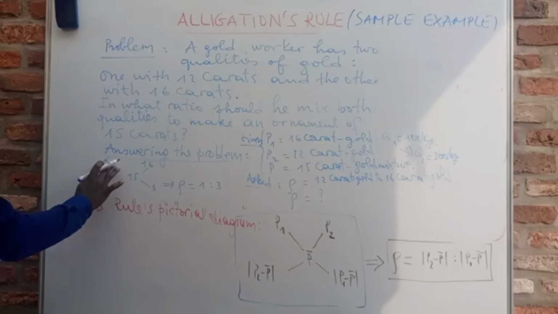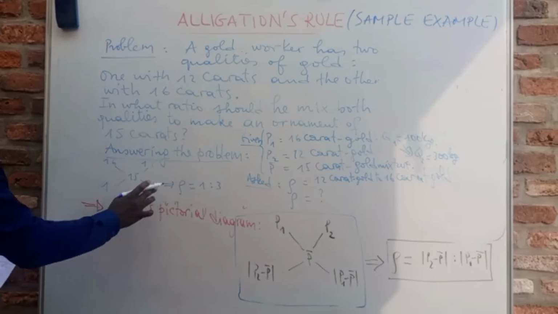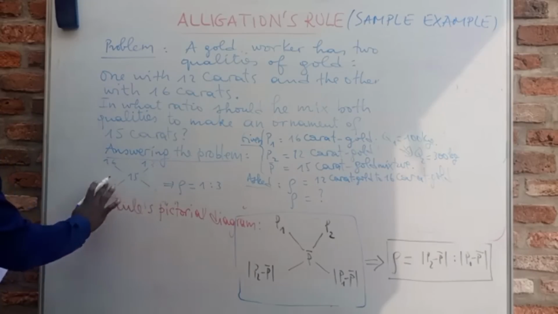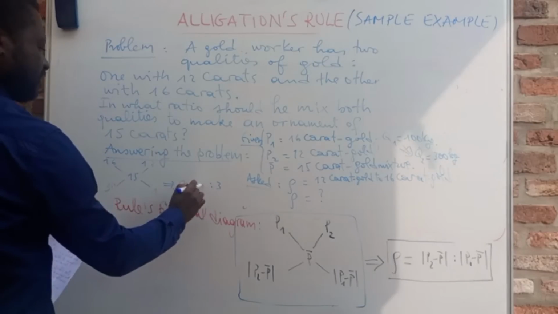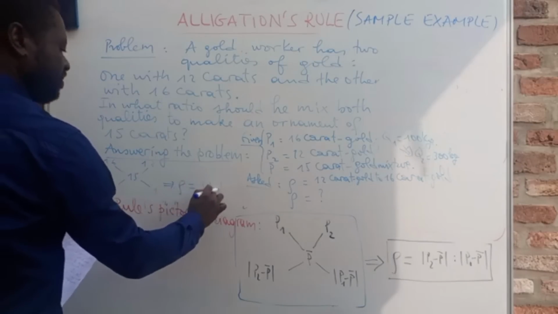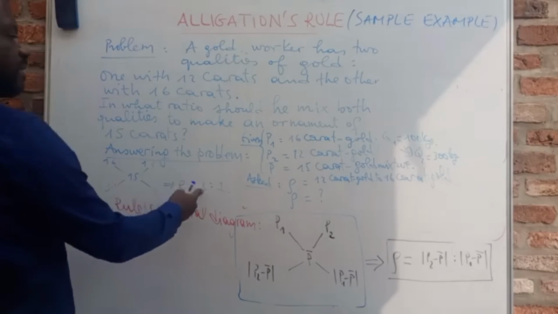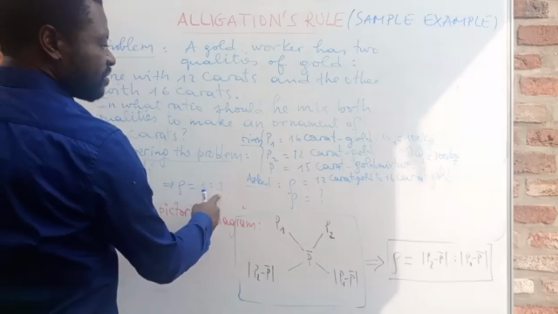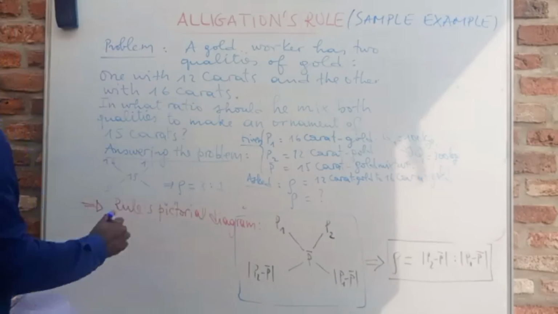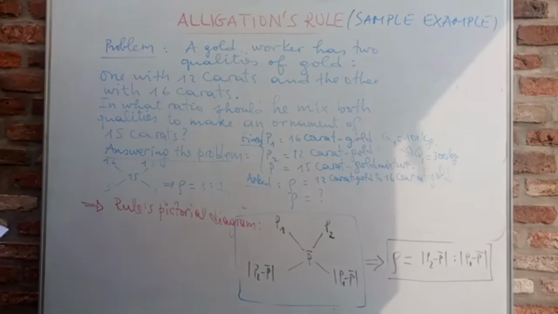We could have switched like this, 12, and then here we have 1, and here we have 3, and here we have 3 to 1. This ratio will be called the 16 karat to 12 karat gold ratio.